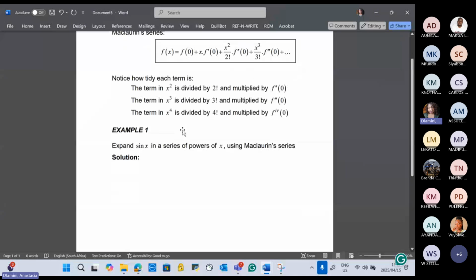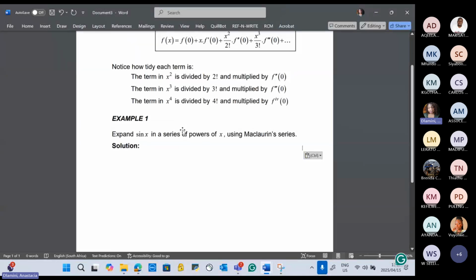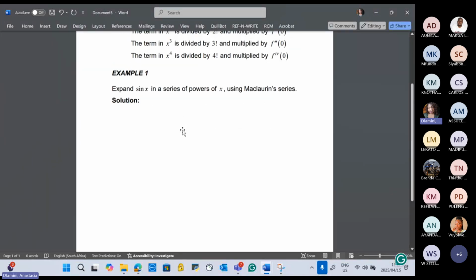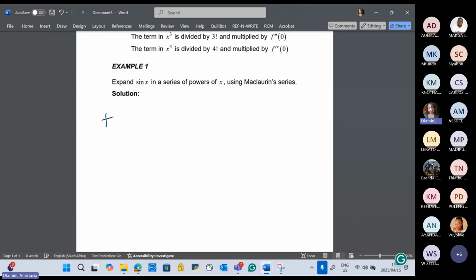Okay, so according to my Maclaurin series, let me just write this very quickly. So we have f of x is equal to sine of x, and then f of 0 is equal to 0. f prime of x is equal to cos of x, then f prime of 0 is 1.